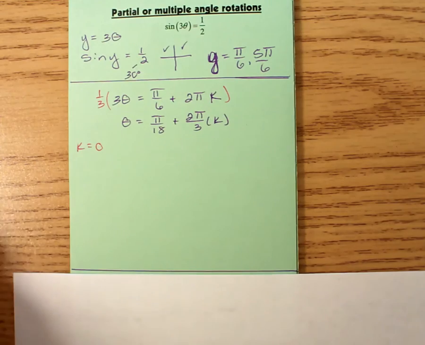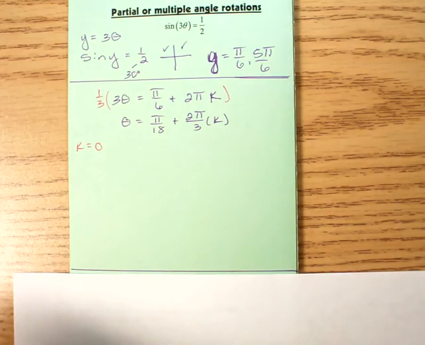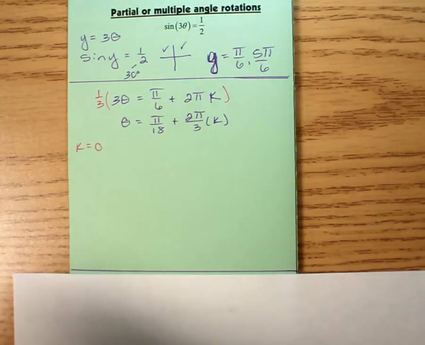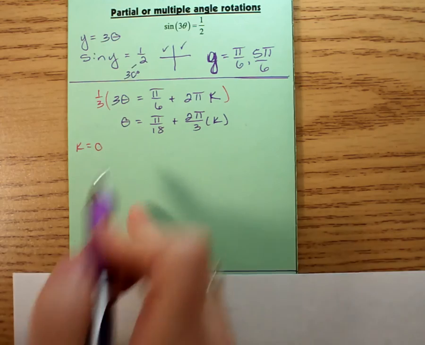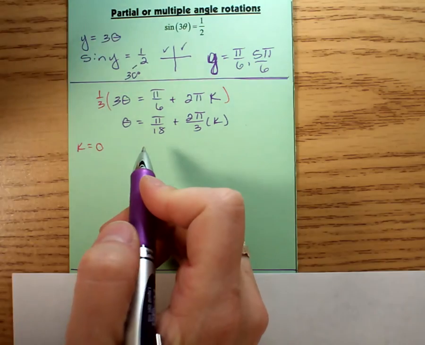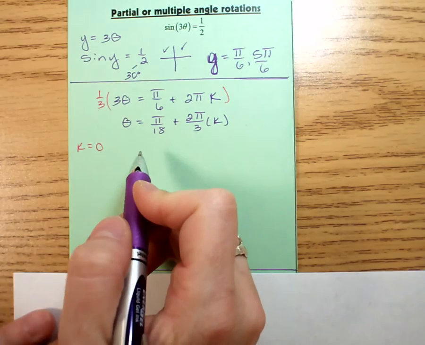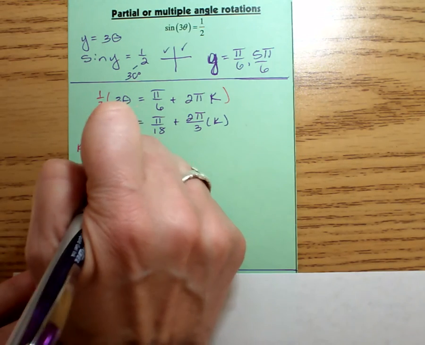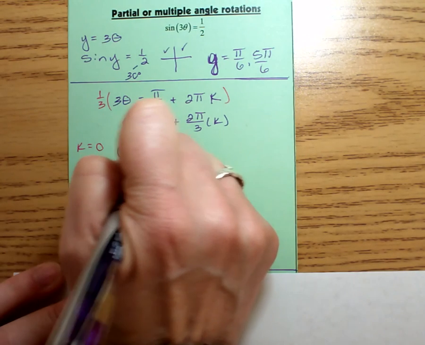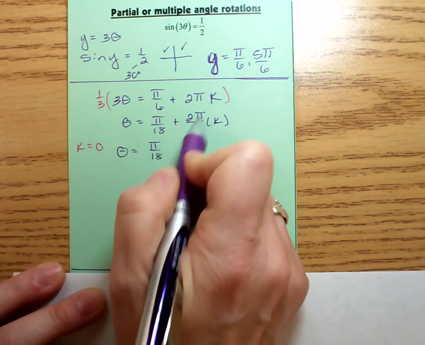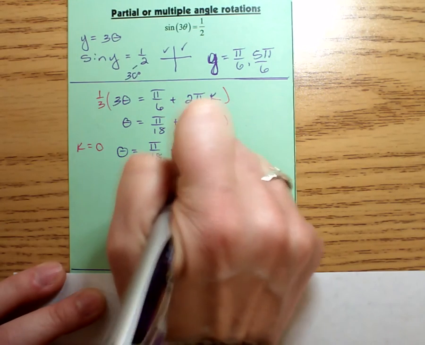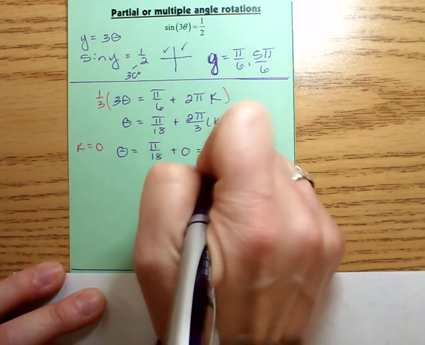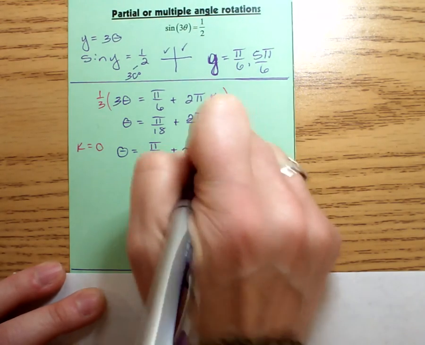So if my k value equaled 0, then I would have theta equals pi over 18. 0 times 2 pi over 3 is 0, and I would get pi over 18. So that's going to be my first of my 6 answers that I'm looking for.